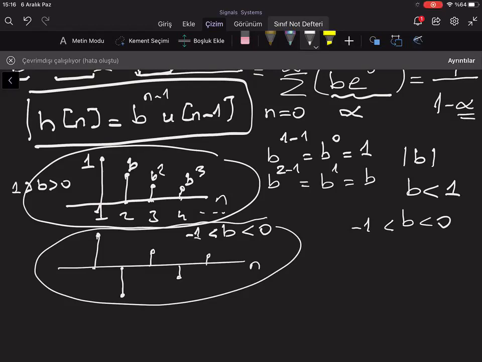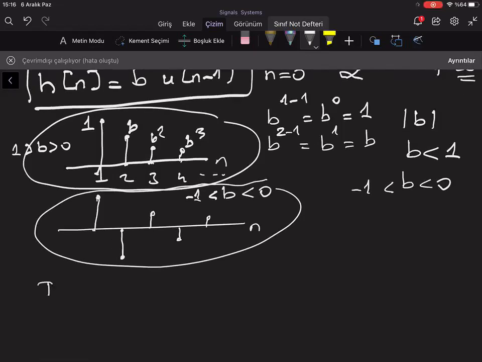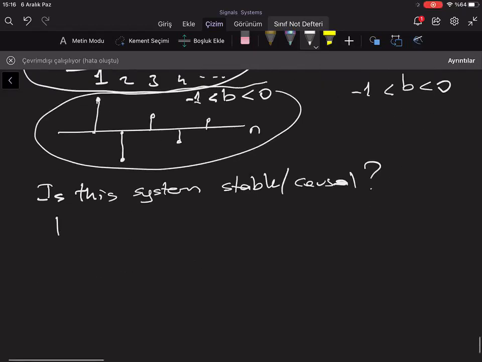For example, if I ask you, is this system stable or causal, how would you approach this problem? I would check h(n), b^{n-1} u(n-1). How would this system be stable?